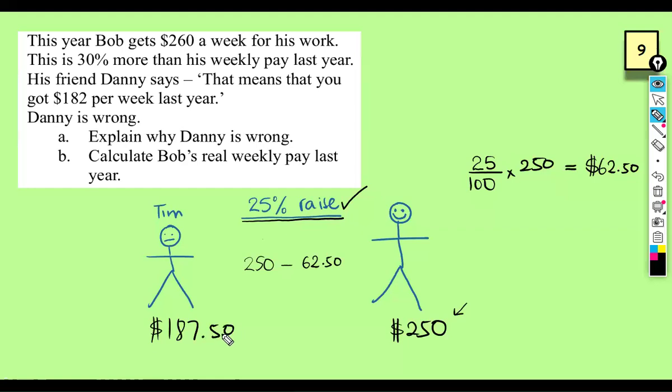So we kind of see the formula, the concept or the procedure works in the forward direction, but it doesn't really work in the opposite direction.